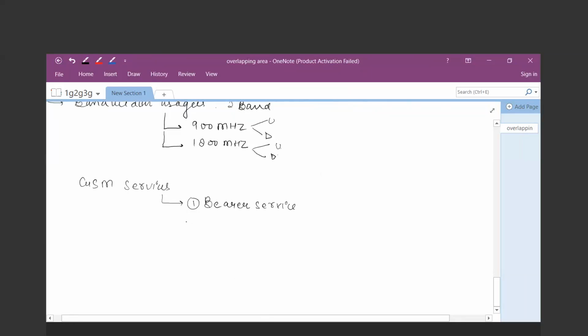The second one is called teleservices. And the last one is called supplementary services. So we will see one by one what the bearer services and the supplementary services are.